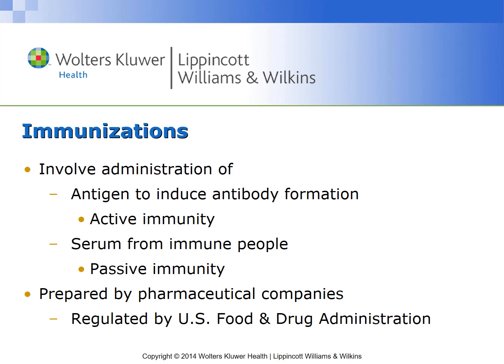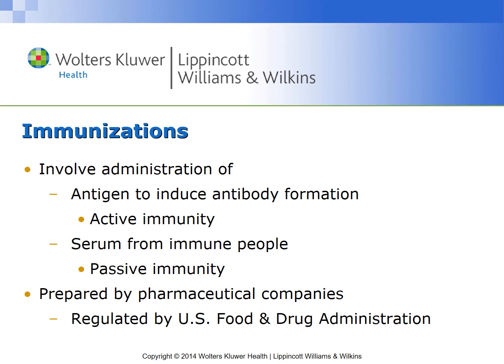So immunizations are involved in administering the antigens to induce the immune system to produce antibodies to fight against it. So we have the active immunity, or we have the passive immunity, and that is where serum from immune people is given to people who are exposed to specific illnesses.